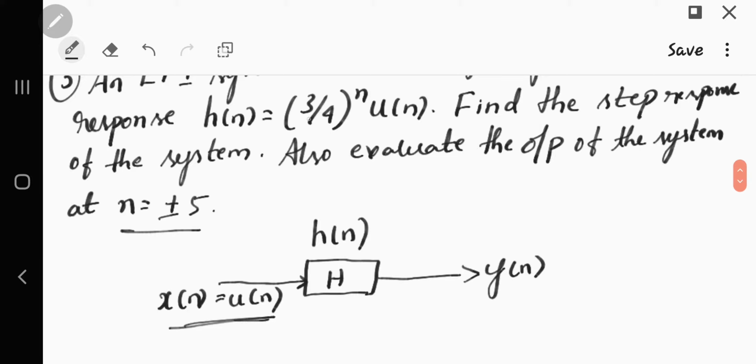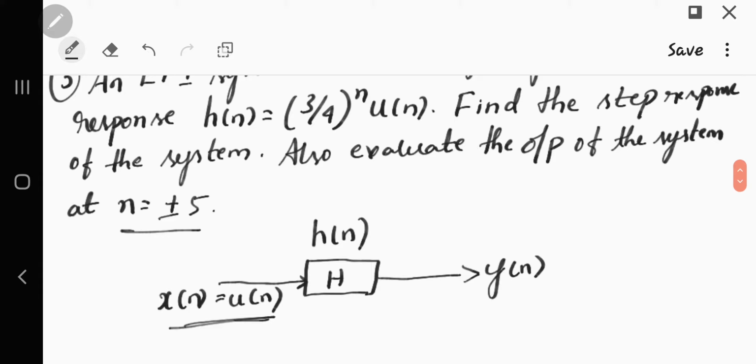Now h of n is (3/4) to the power of n into u of n. So that means it's something like a decaying exponential signal. Okay, it looks like a discrete-time decaying exponential signal. Now I am not going to plot that exponential signal as n varies with respect to time here.